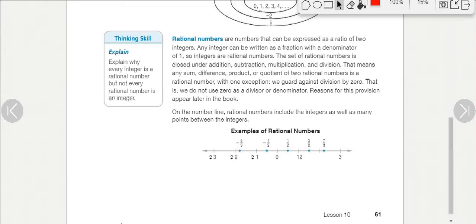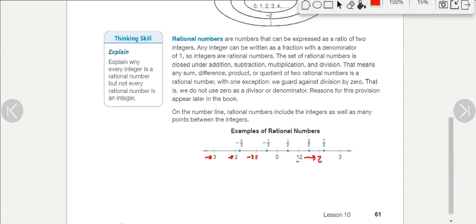Rational numbers are numbers that can be expressed as a ratio or a division between two integers. I like looking at them on a number line to understand that rational numbers come in between. This is a mistake here. This should be where the 2 is. They're the numbers that come in between the whole numbers. I don't even know what these are here for. Like 1, that should be negative. -1, -2, -3.